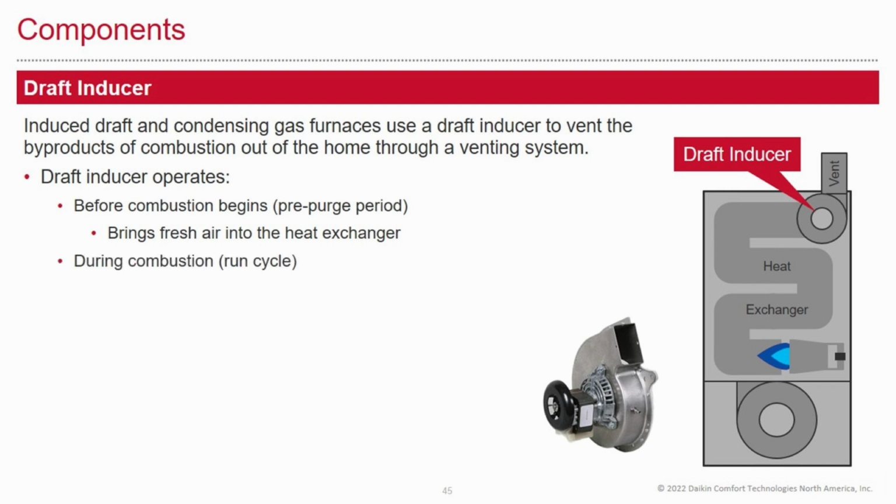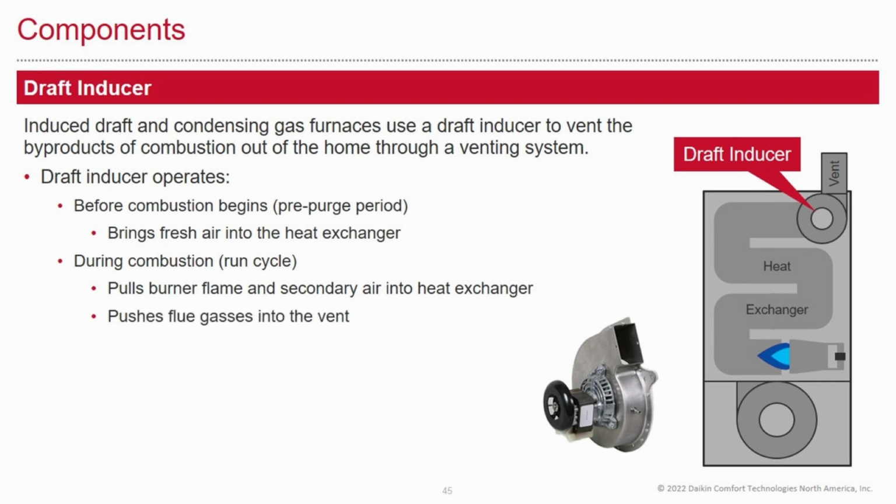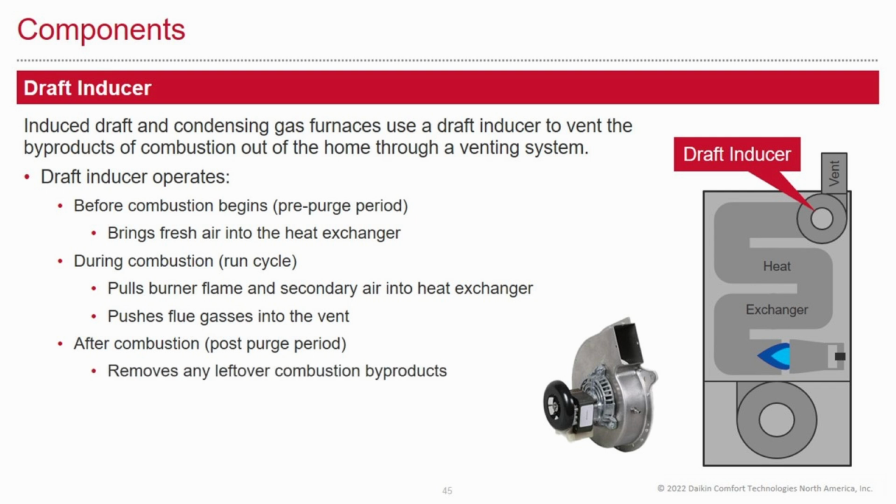During combustion, the run cycle, it pulls burner flames and secondary air into the heat exchanger, and pushes the flue gases into the vent. After combustion, the post-purge period, it removes any leftover combustion byproducts.